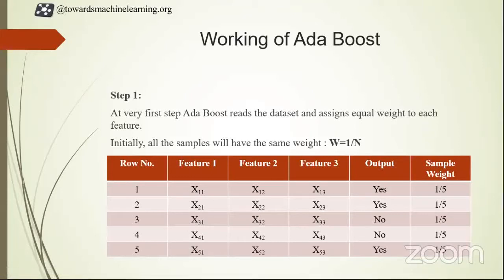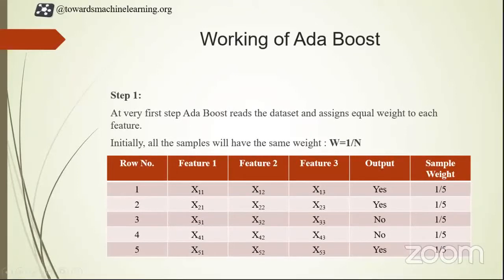So at the very first step, AdaBoost tries to assign a sample weight to all these instances. This sample weight is the same for all the instances in the very first step.